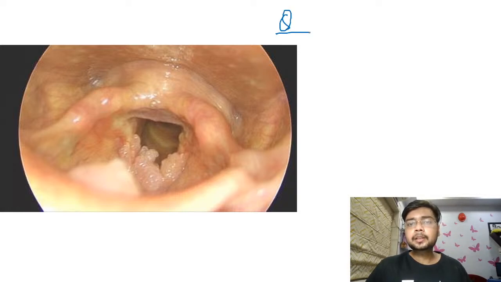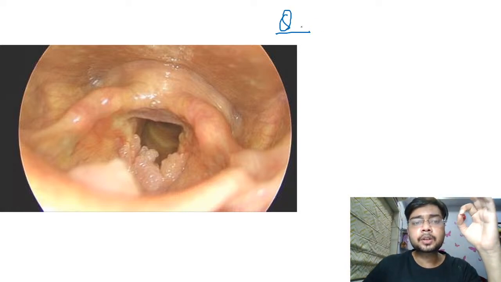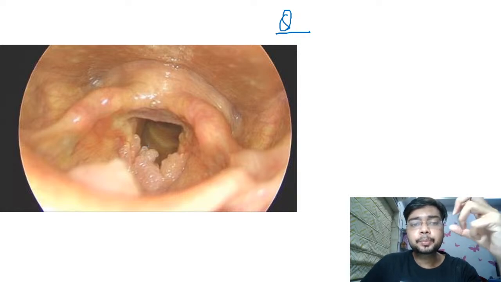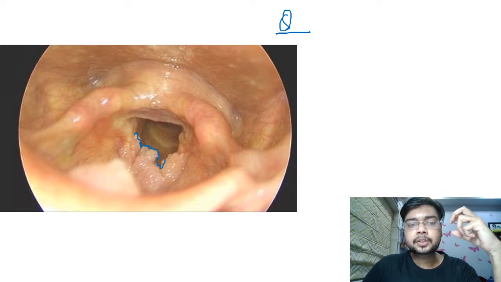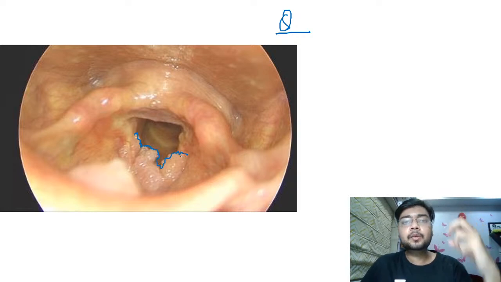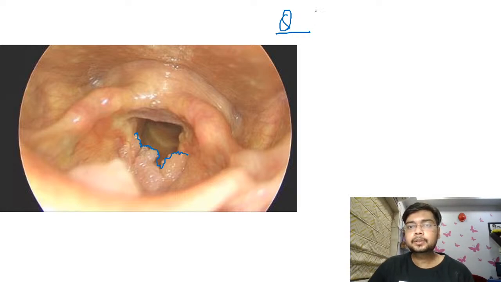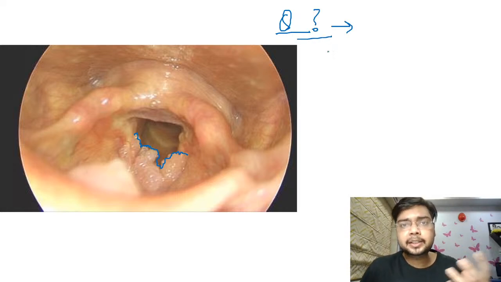Now this is another laryngoscopic picture which is showing you some lesion at the supraglottis and the glottis. There are some lesions obscuring the anterior one third of the laryngeal inlet. Just write in comments what these lesions are and how they appear to you.